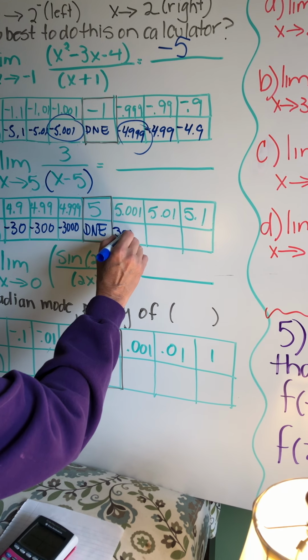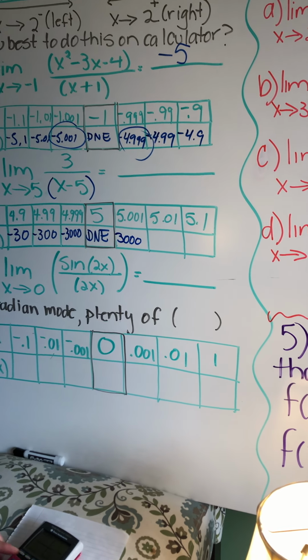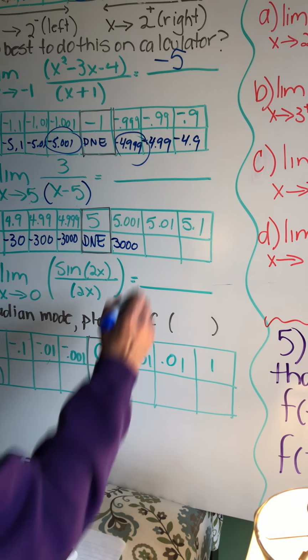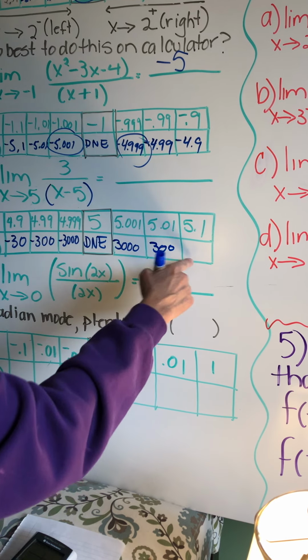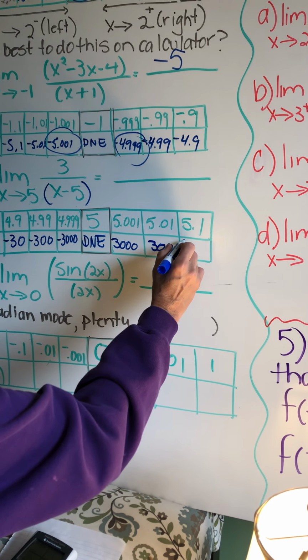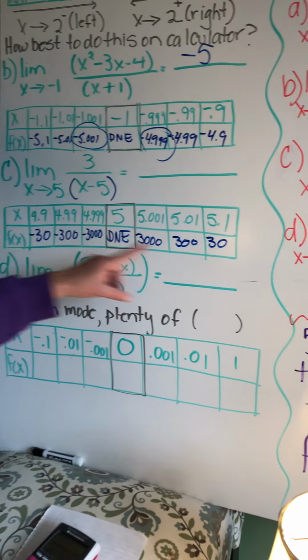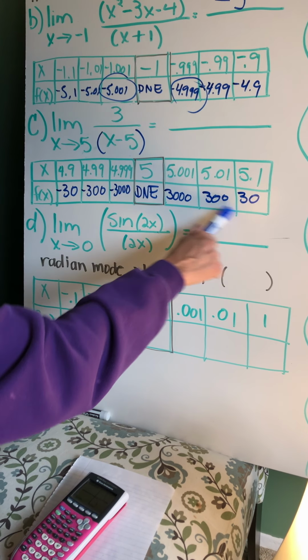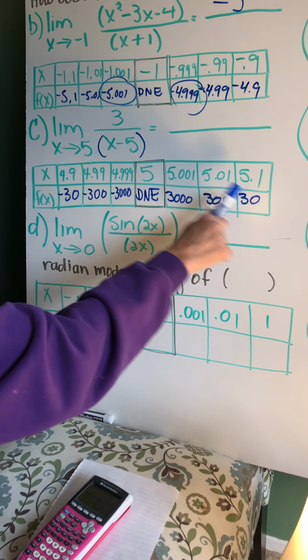3,000. There we go. 300. And you would see if you put 5.1 in your calculator, you're going to get the 30 again, because now the x is just positive. So take a look as x approaches 5 from the right.